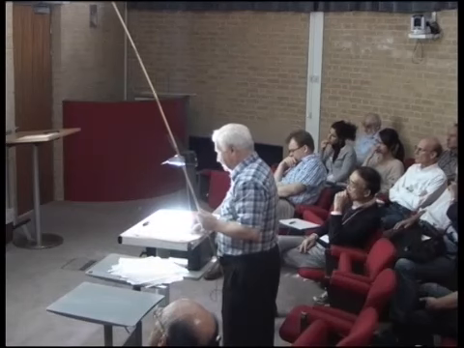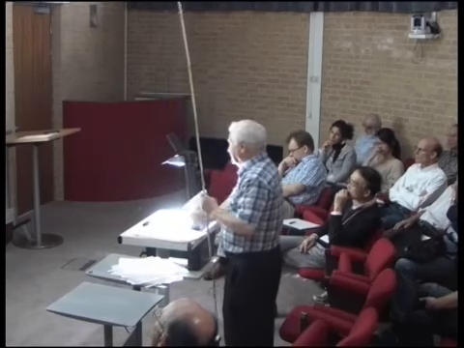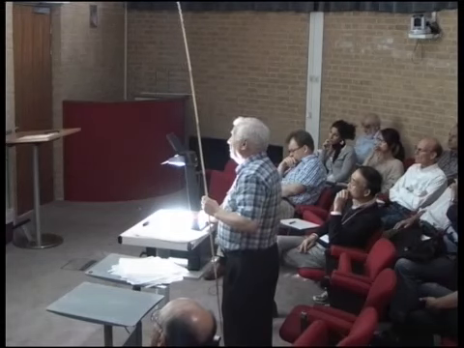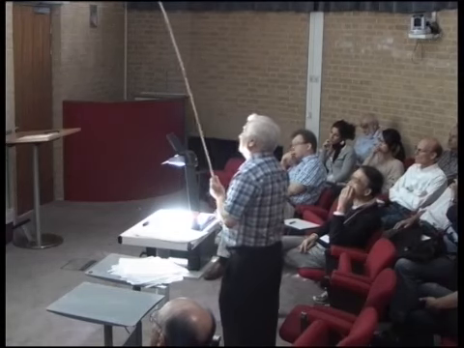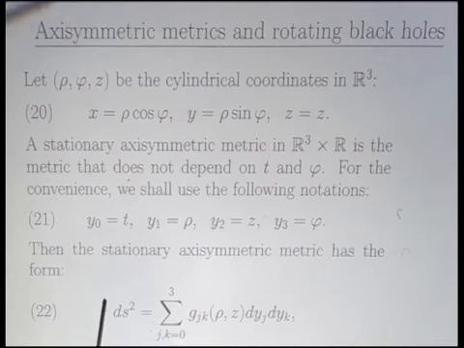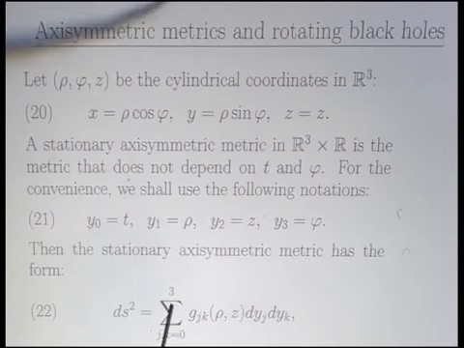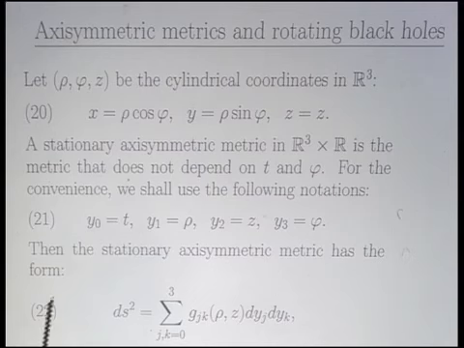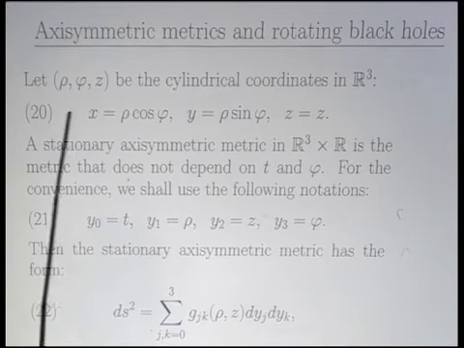So now a straightforward generalization for axisymmetric metrics. For axisymmetric metrics, use cylindrical coordinates r, phi, and zeta, and assume that the metric doesn't depend on time.